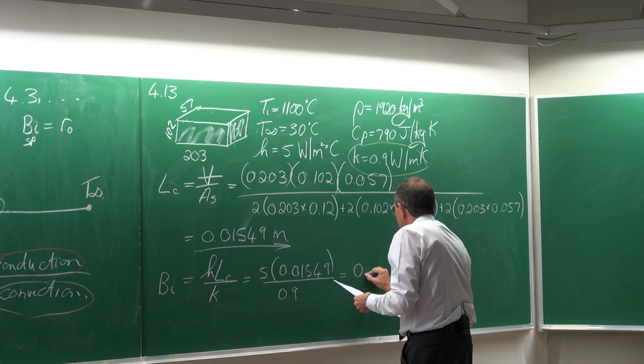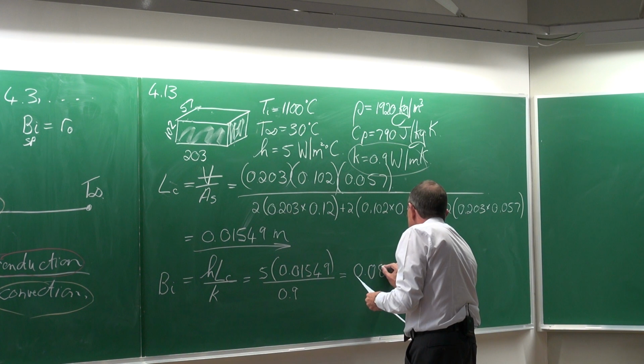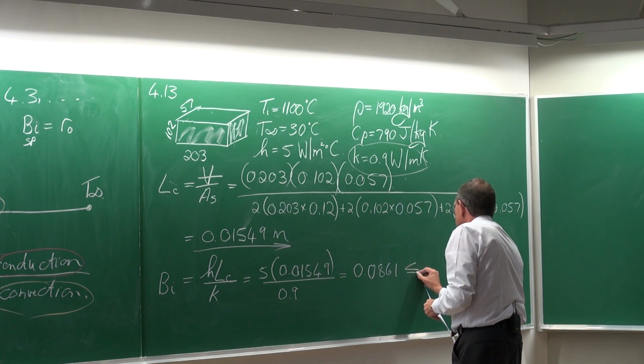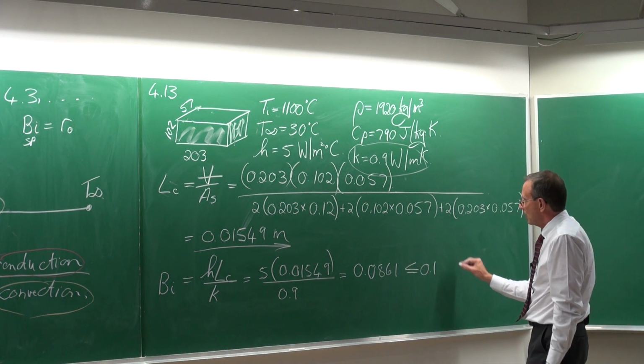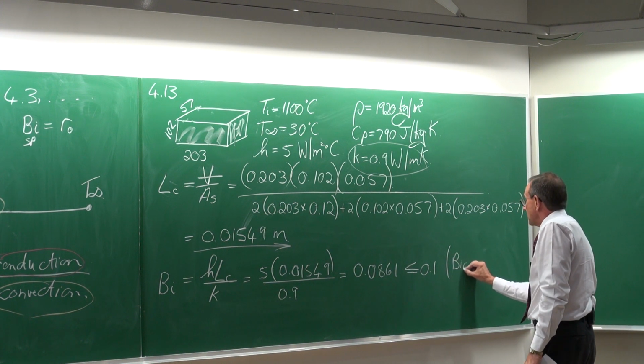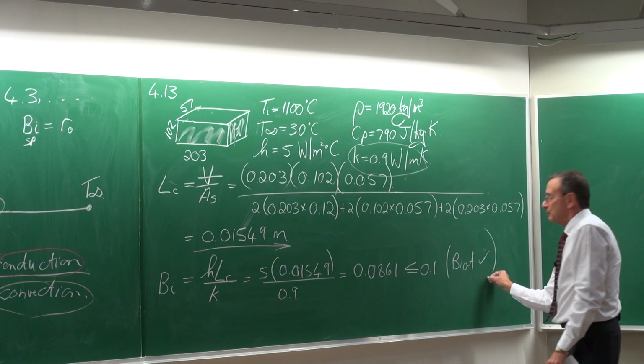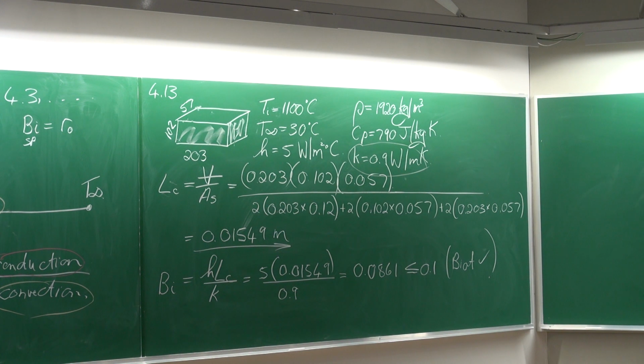So that is equal to 0.0861, and that is smaller or equal to 0.1. So apparently the Biot number approach can be used for this example. I'm very skeptical, but in any case.